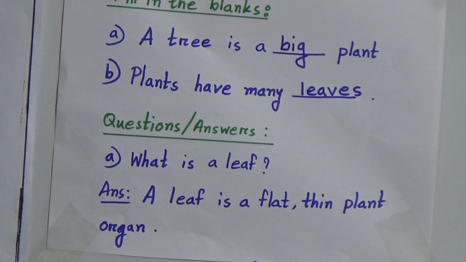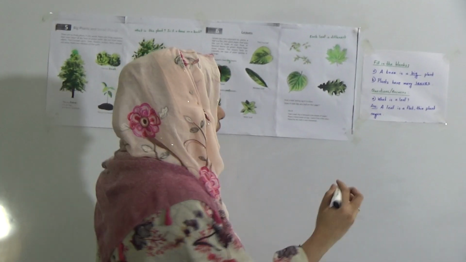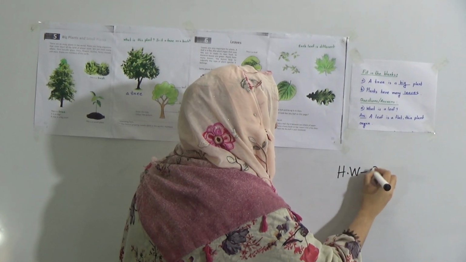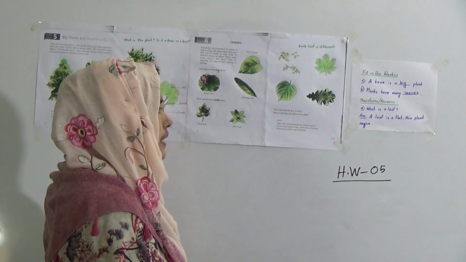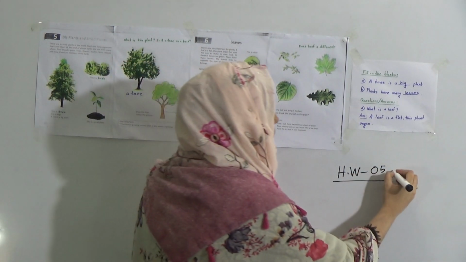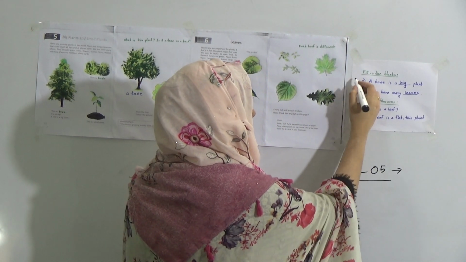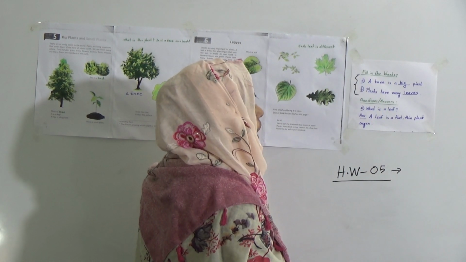So dear students, I have finished my today's topic. Now I will give you HW. Our today's HW number is 5 number HW. And your HW will be this fill in the blanks. We can see here is only 2 fill in the blanks.